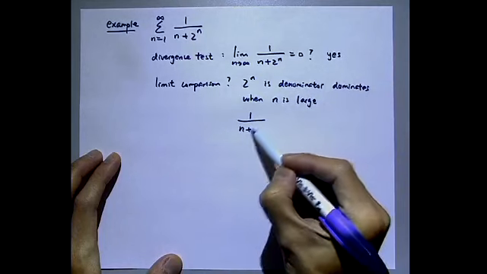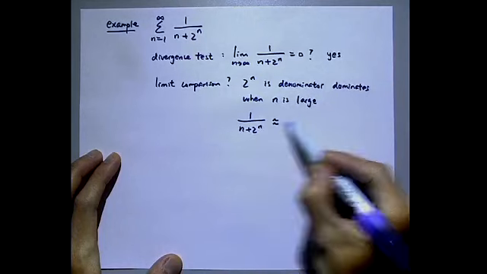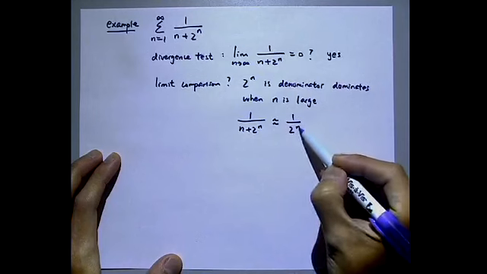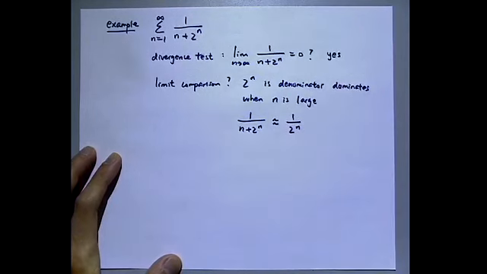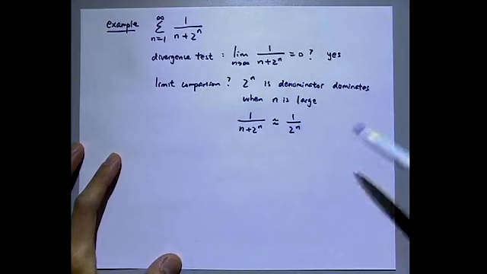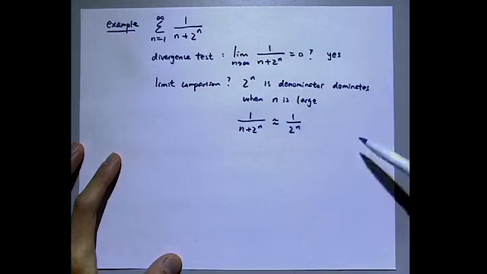So this will look very much like 1 over 2 to the n eventually. Okay? Does everyone see the reasoning behind that? That's very excellent reasoning here. Make sense?